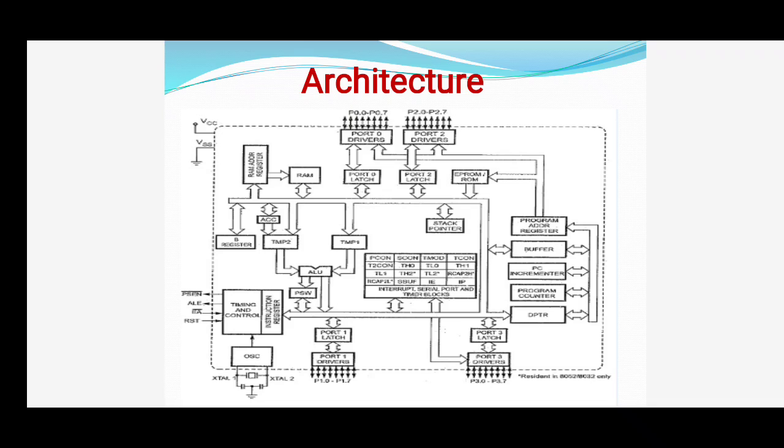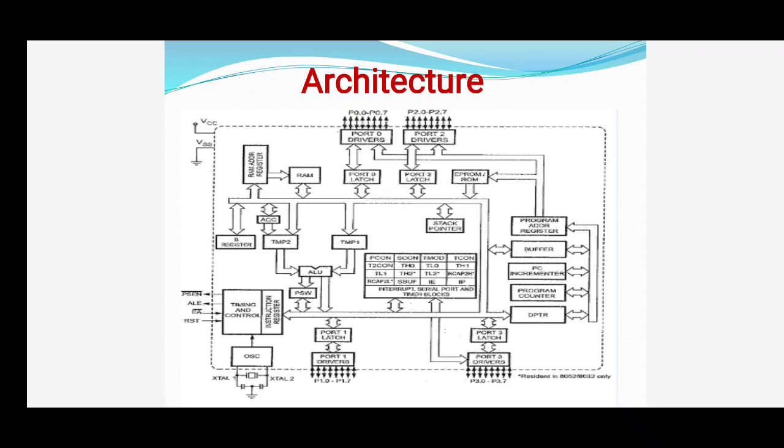All the above registers are 8-bit except DPTR and the program counter. Then we have DPTR, the data pointer register. Mostly when we are dealing with external memory, DPTR contains the address of the external memory. DPTR is a 16-bit register. The rest of the registers are 8-bit registers.